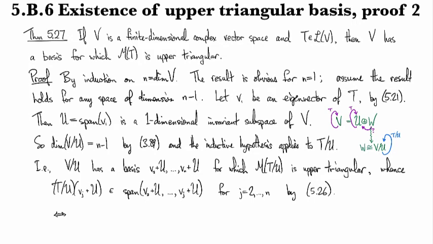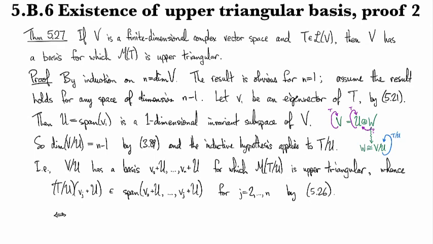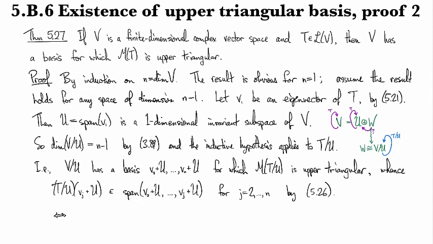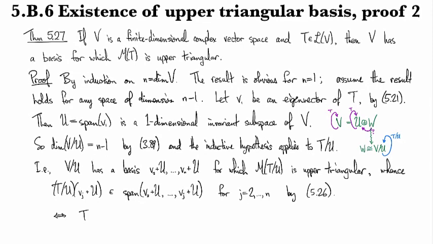And so this is true if and only if... So let's unpack what I just wrote in the previous line. If you remember how the quotient map works, T mod U applied to that thing is going to be TVj plus U.